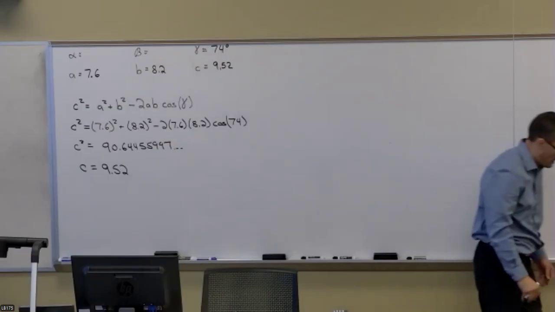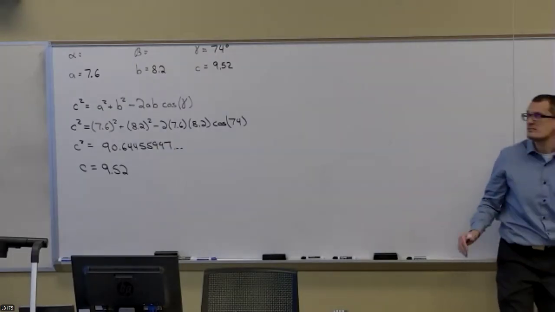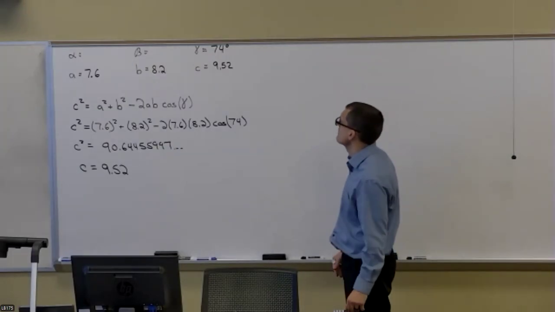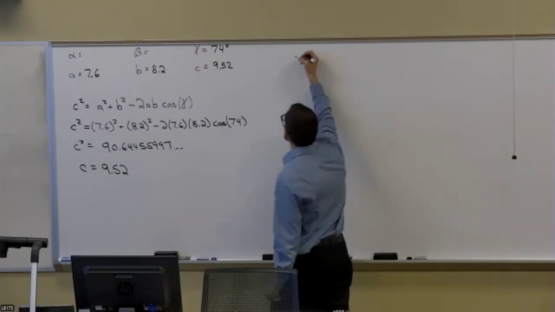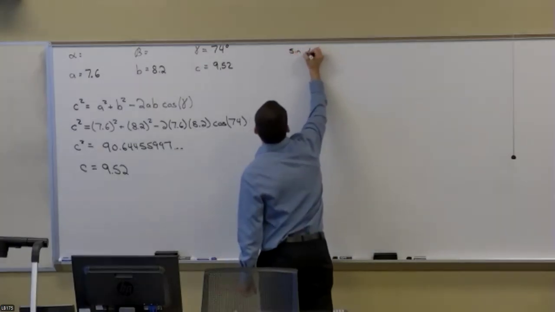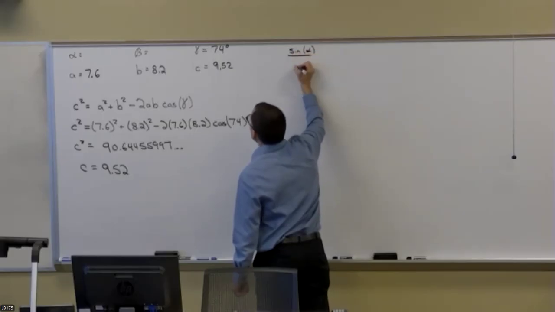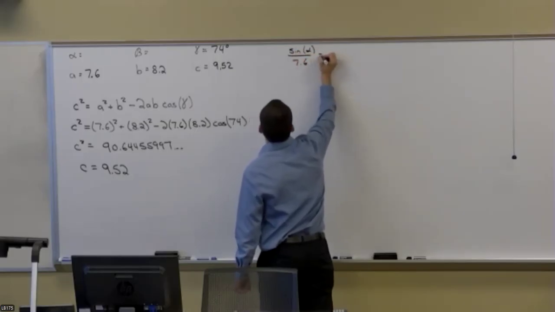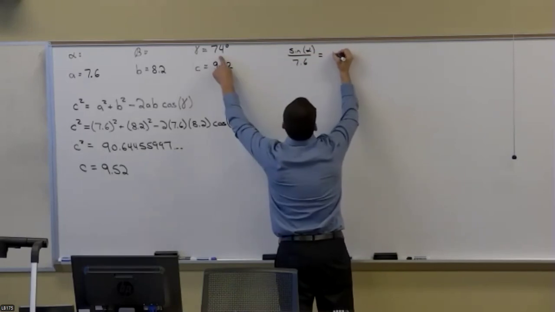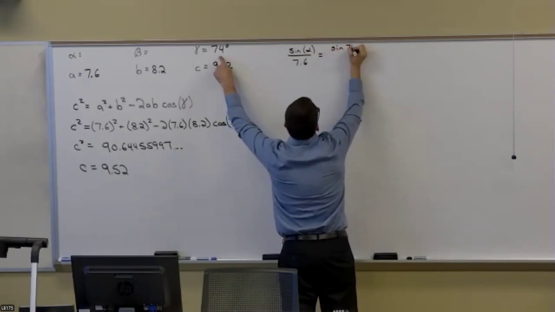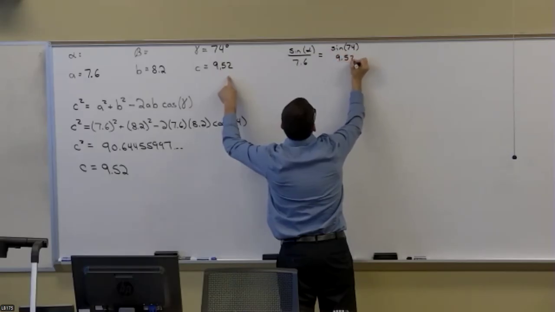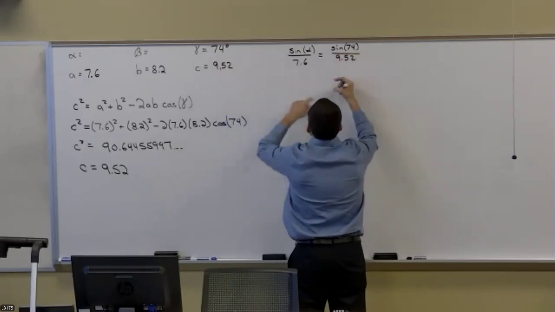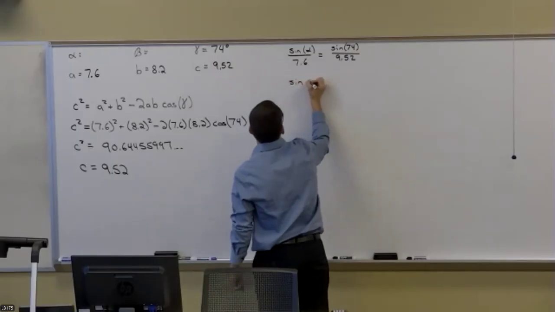Okay. I'll find alpha first. Should I find alpha or should I find beta first? I'll find alpha first. Sine of alpha over 7.6 is equal to sine of 74 degrees over 9.52. Multiply both sides by 7.6.